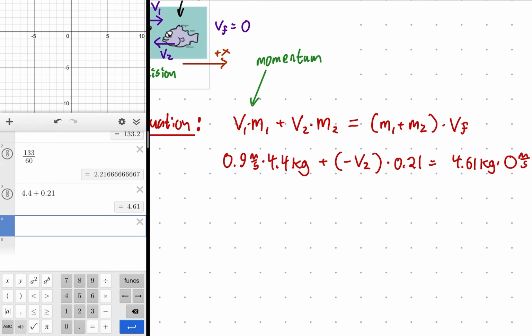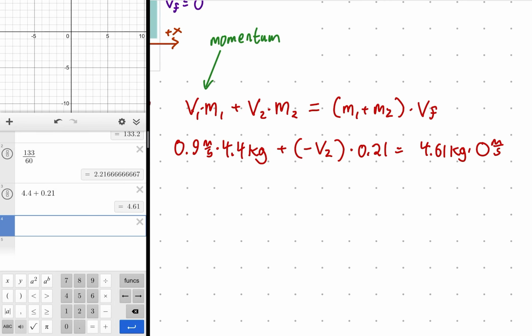Okay, so then we'll go ahead and want to solve for v2. Since this product here is negative, if we add it to both sides, it'll become positive when we add it to the right. And if we add it to the left, then it'll cancel itself out. And so all I mean by that is that I'm just going to take plus v2 m2, right?